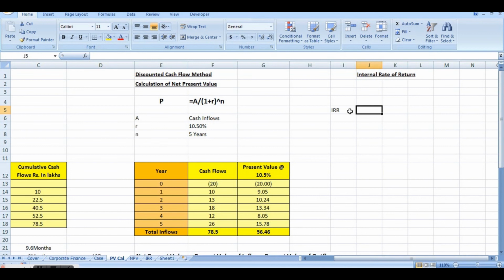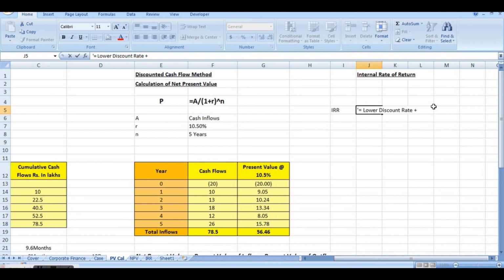It is simply a trial and error method wherein you calculate the lower discount rate that you have considered plus you will be calculating two NPVs.